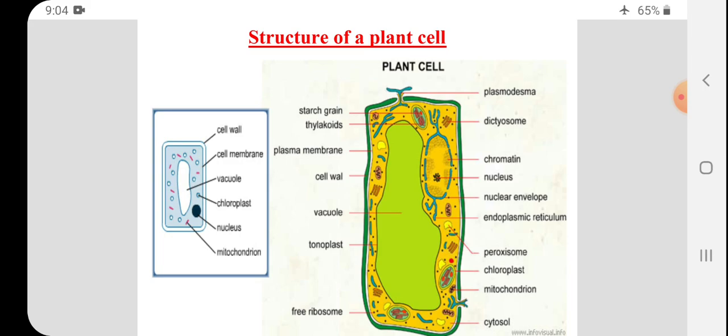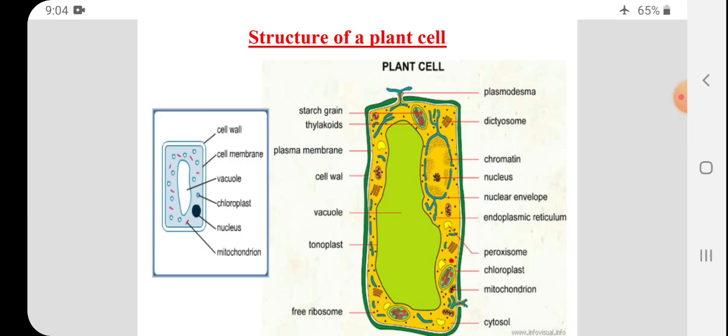Mitochondria is there, which is also called the kitchen or the powerhouse of the cell. You can find the huge vacuole in the plant cell that is responsible for the retention of water, because whenever the plant receives water, it will try to store water in the form of vacuoles.